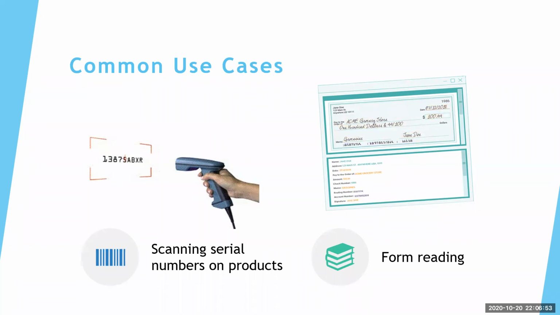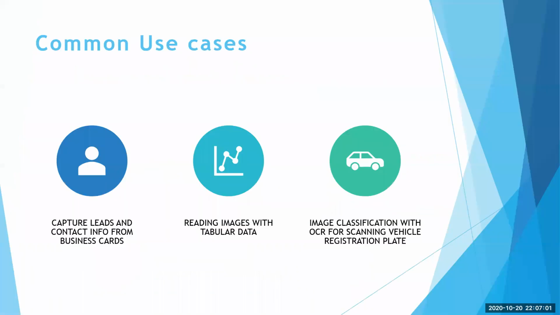We also can use it for form reading. Forms which are present in the form of images can be converted into records directly. In Salesforce, most probably we use this for capturing lead and contact information directly from business cards. Also to read the tabular data which is present in the form of images, so we can convert it to text and use it for our functionalities.